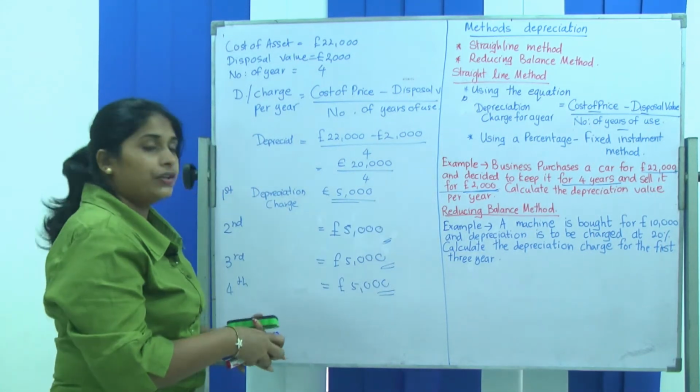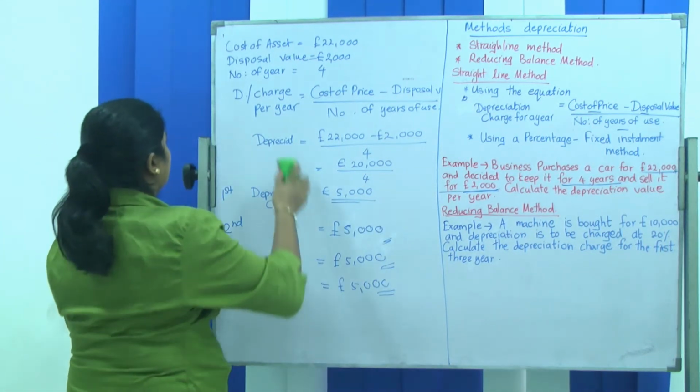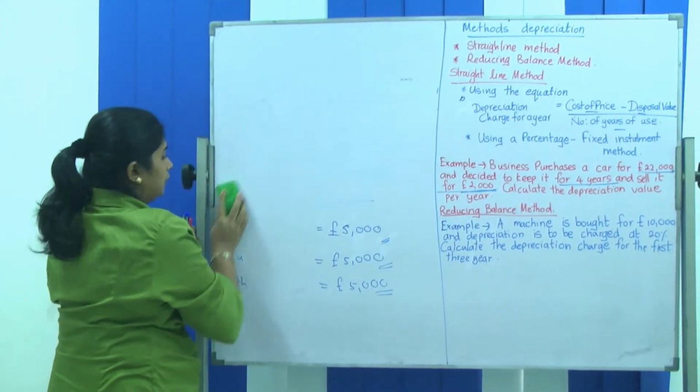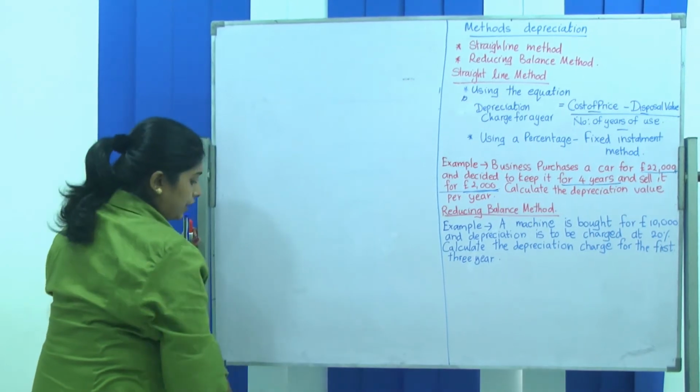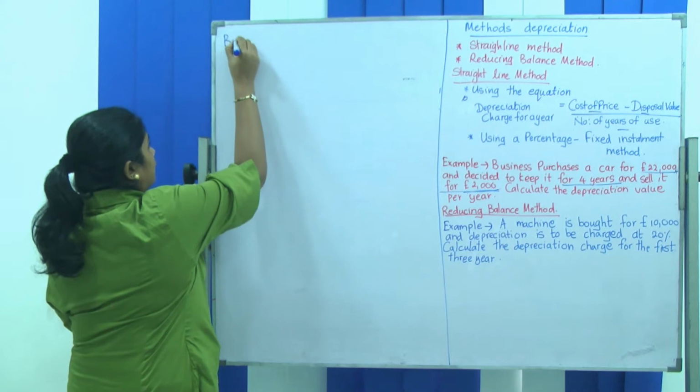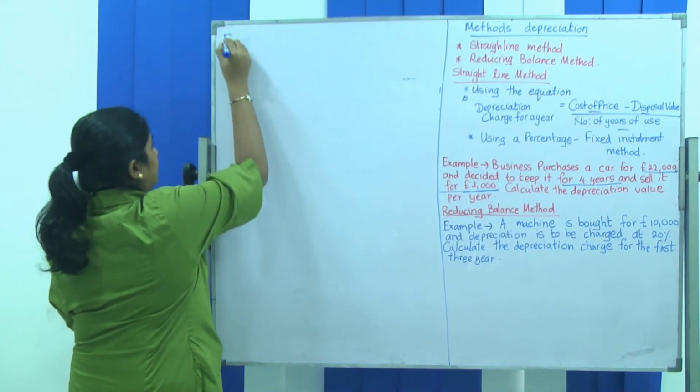Now, I'll take an example where the examiner has given the question using a percentage. Example number 2.